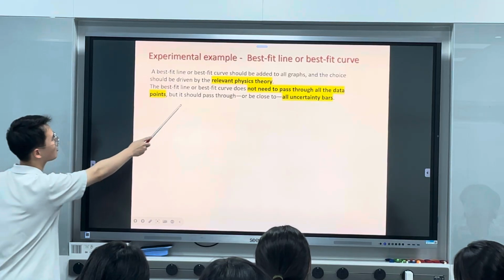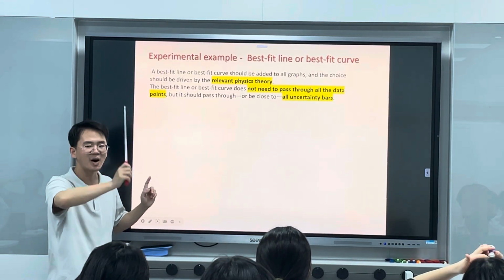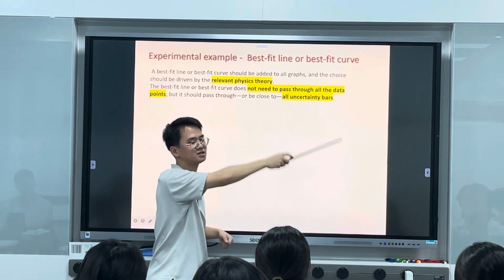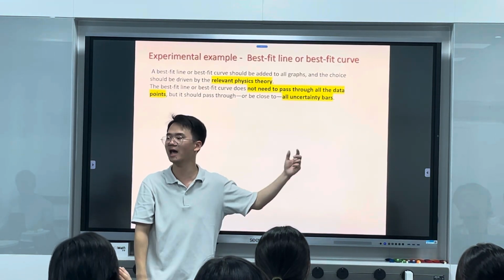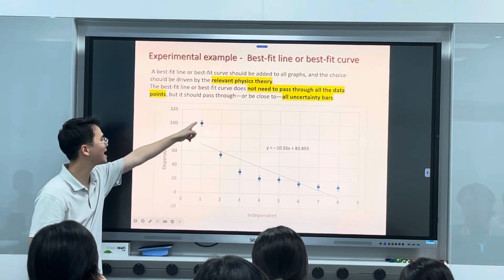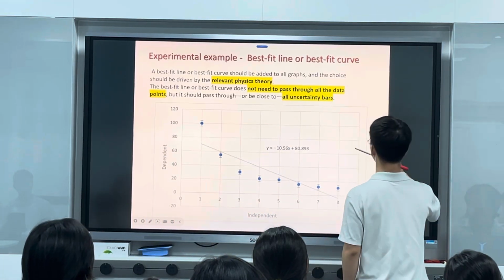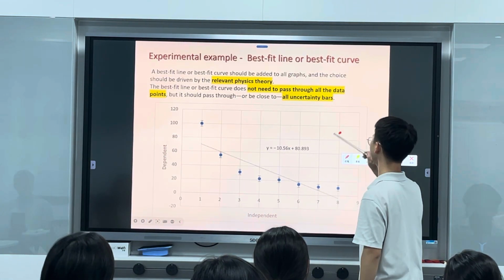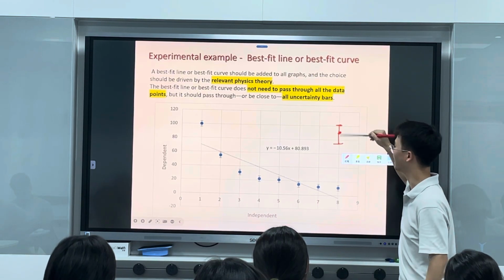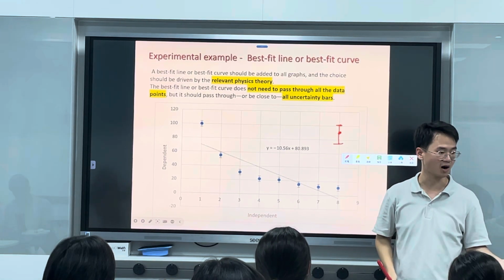So the best fit line or best fit curve does not need to pass through all the data points, but it at least should pass through or close to all the uncertainty bars, aka error bars. We will show you what an error bar looks like. So this is a data point. This thing, like a cross, this thing is what we call the error bar or the uncertainty bar. Okay?